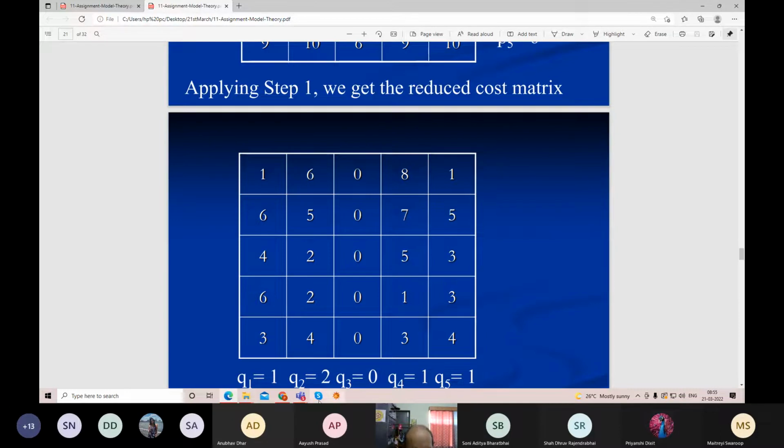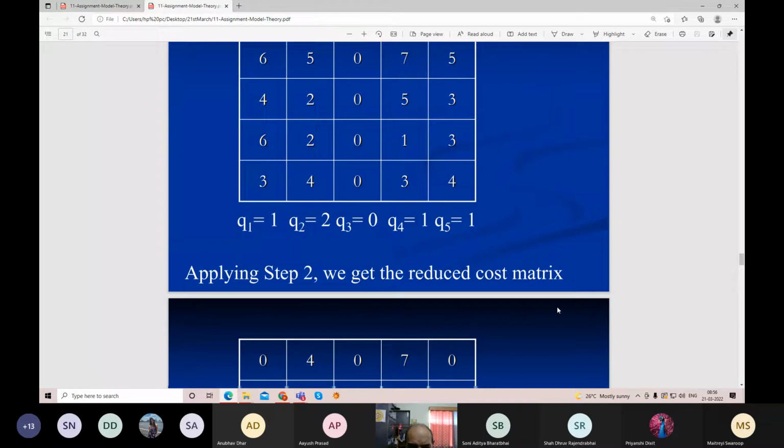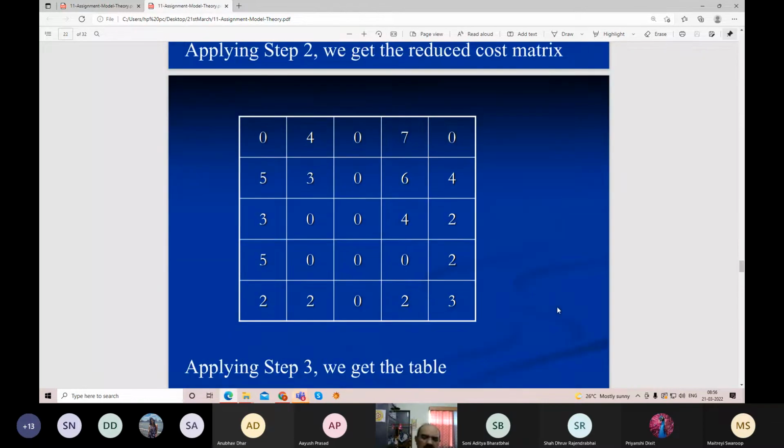In the second column, the minimum is 2, we subtract. The third column is already achieved. In the fourth column, minimum is 1, we subtract 1 from all the elements. And in the fifth column, minimum is 1, we subtract. So after subtracting, this is the reduced matrix.